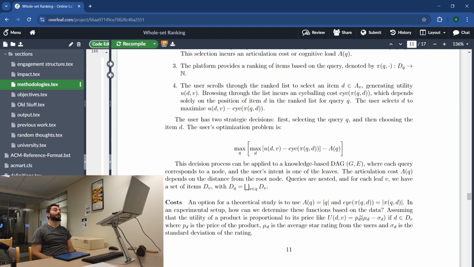If we have the data set, we know what the pi is for everything. And these are also conversations we can have. Here, for the theoretical setup, we are assuming that the platform wants to choose pi.